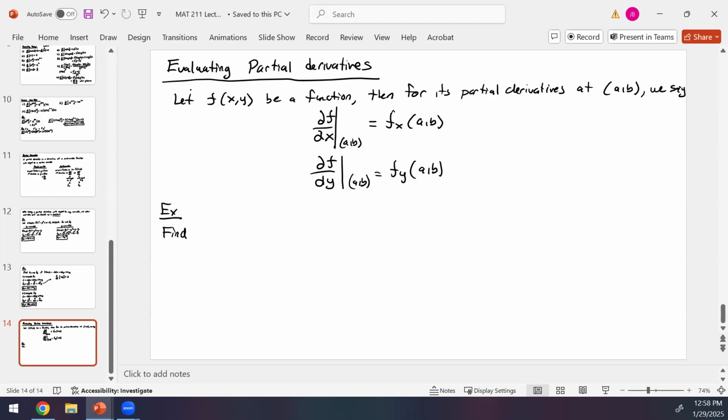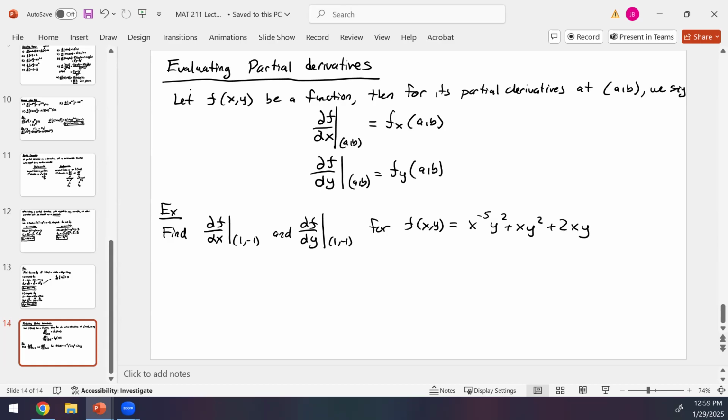Find partial f over partial x evaluated at 1, -1, and partial f over partial y evaluated at 1, -1 for f of x comma y equal to x to the -5 y squared plus xy squared plus 2xy, right?